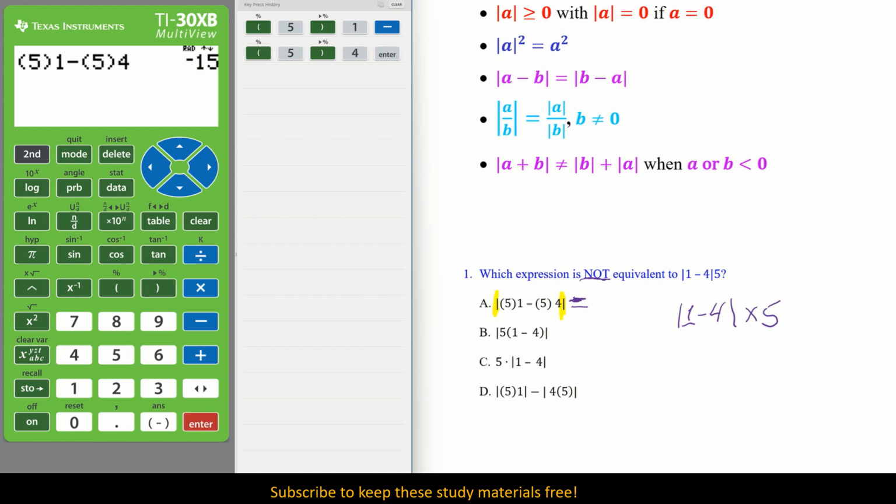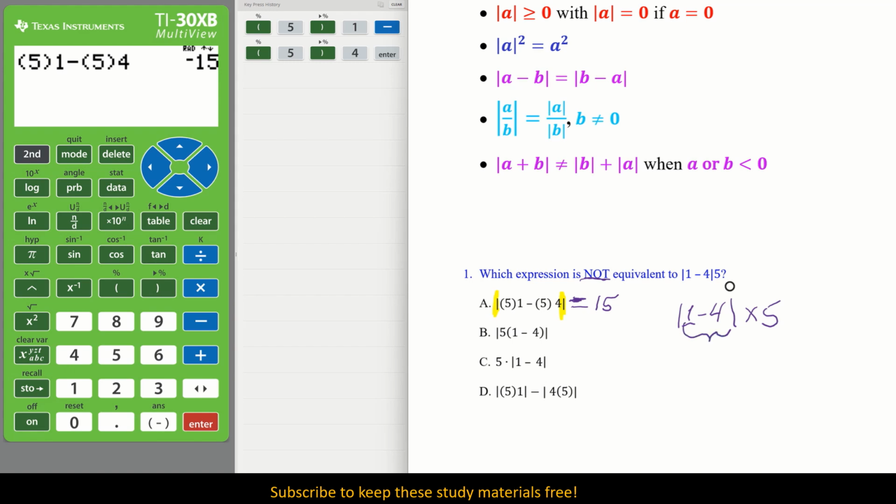Now push enter. It's negative, so we simply make it positive. Is that what our given would have been? Actually, yes, because 1 minus 4 is negative 3. Absolute value makes it 3, times that 5 gives us the 15.